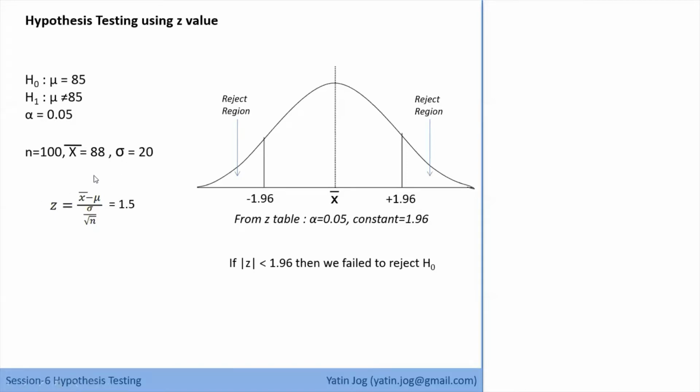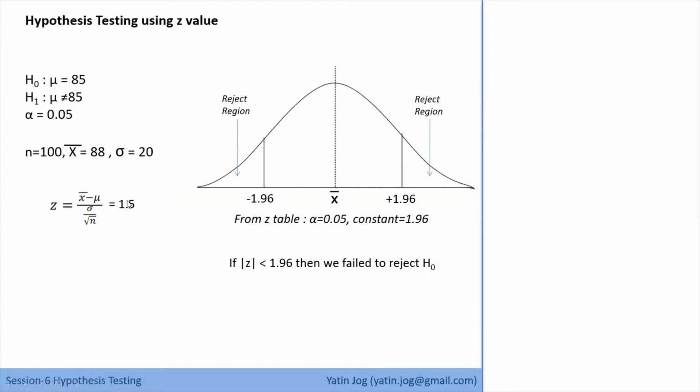Now we know how to calculate the Z value. If I put all the values in this Z formula, the value of Z I get is 1.5. So what is the meaning of Z equal to 1.5 for this H0? It means the distance of my assumption H0 from the mean is 1.5.